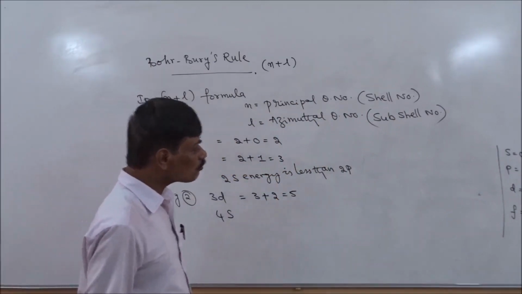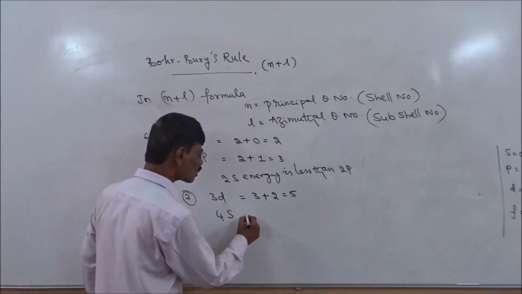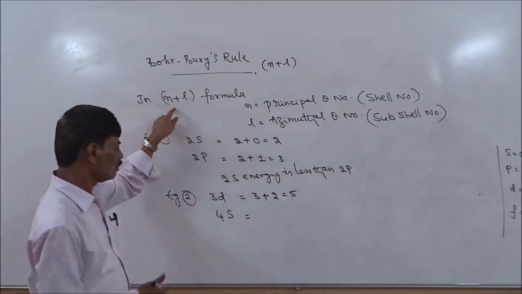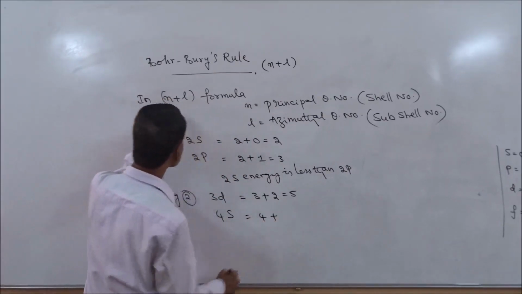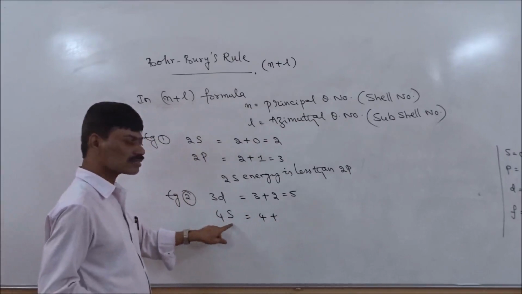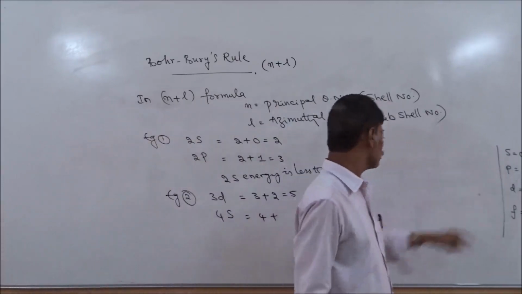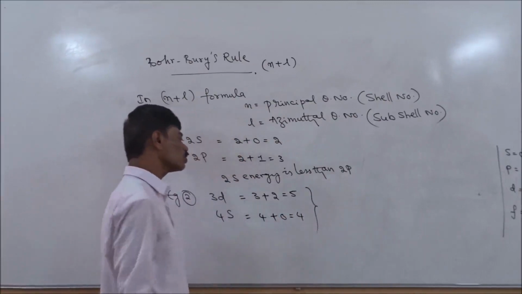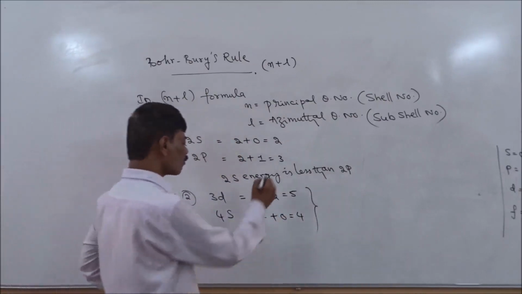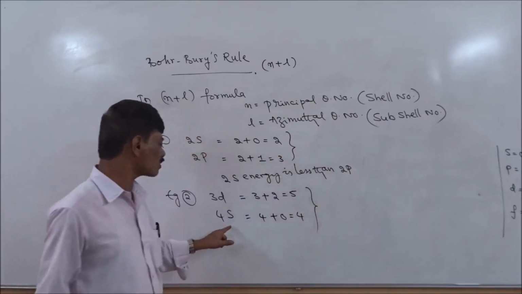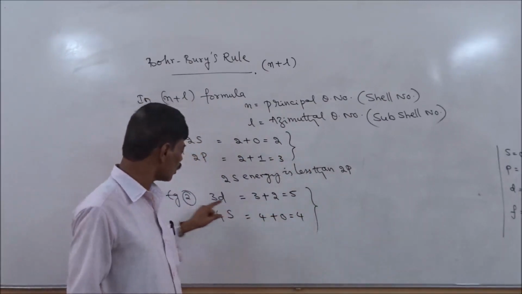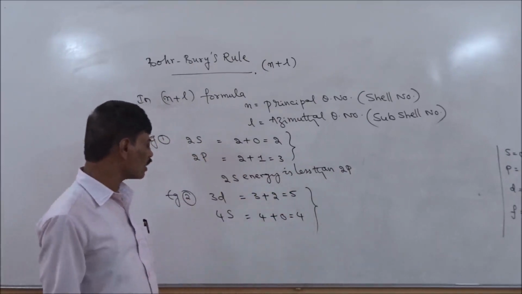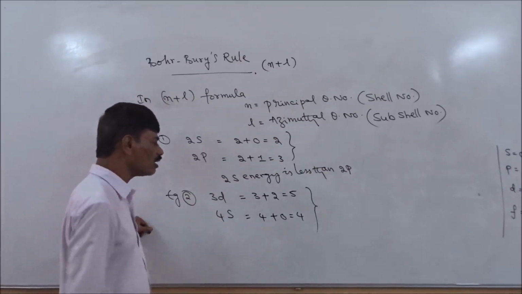If we move to 4s, the principal quantum number n is equal to 4 plus L, which is S whose value is 0. It is equal to 4. Now when we compare, 4s has the energy value 4 and 3d has the energy value 5. So the energy possessed by 4s is less than 3d.